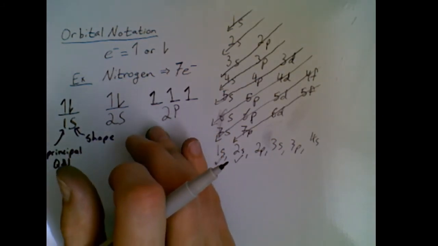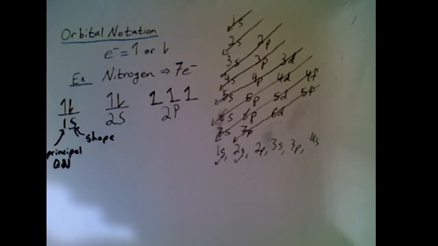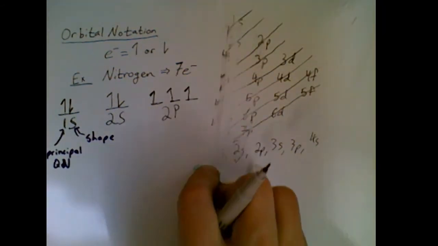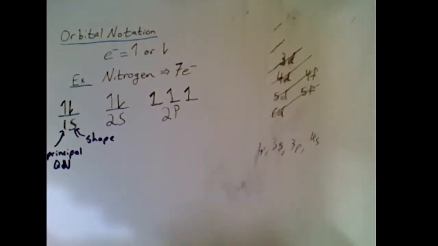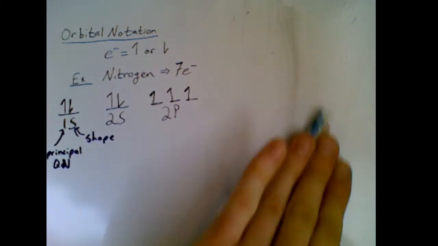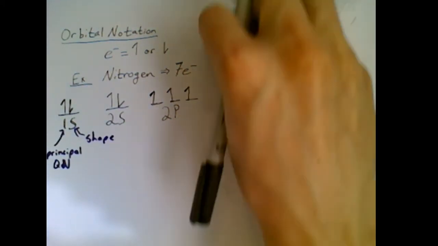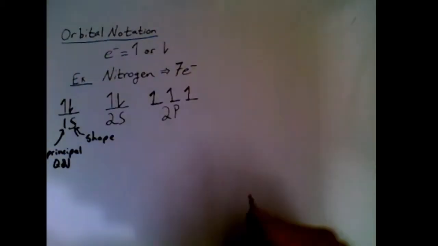So you may be wondering, like, what does that even mean? Well, to figure out what this means, I'm going to show you something that I'll never really ask you to do because it would be cruel to make you have to try and do this. But I want to show you essentially what does nitrogen look like. And I'll show you as best as I can in this diagram.